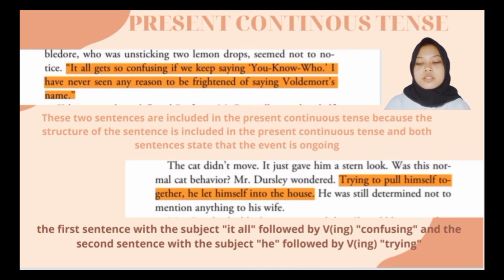These two sentences are included in the present continuous tense because the structure of the sentences is in the present continuous tense, and both sentences state that the event is ongoing. The first sentence has the subject it all followed by verb-ing confusing, and the second sentence has the subject he followed by verb-ing trying.